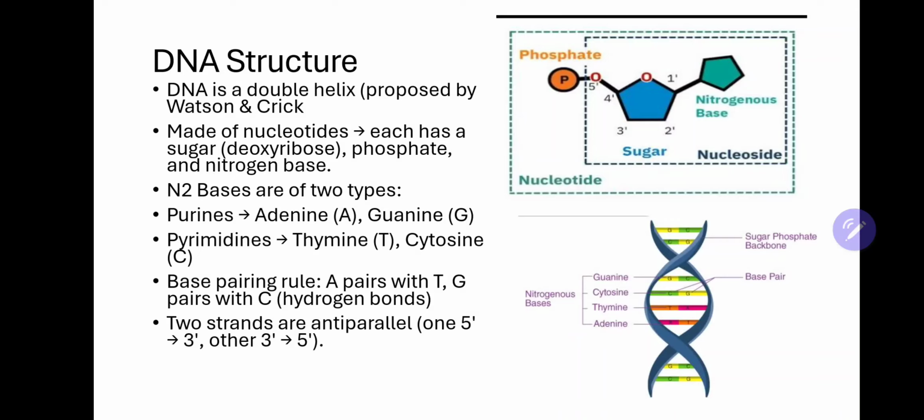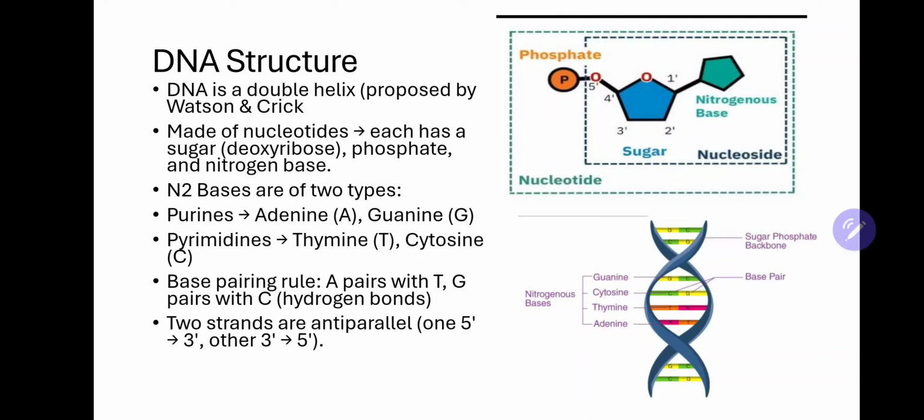As we all know, DNA is a double helical structure. The double helical model of DNA was proposed by Watson and Crick, and this DNA consists of many nucleotides. And what is special about these nucleotides? These nucleotides consist of sugar, phosphate, and nitrogen bases.